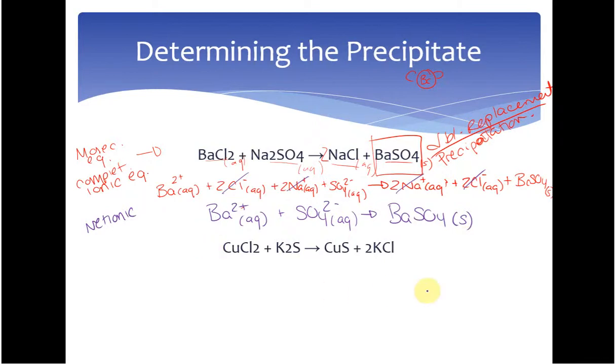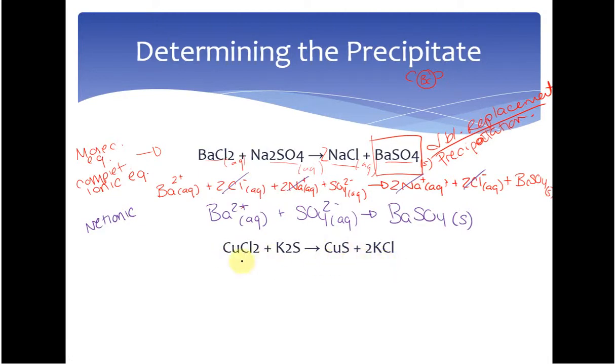Down here I actually give you a balanced equation. Copper 2 chloride reacting with 1 mole of potassium sulfide to produce copper 2 sulfide plus 2 moles of potassium chloride. Okay, so let's look. The main type of reaction here, it can't be synthesis because I have 2 things on the product side.